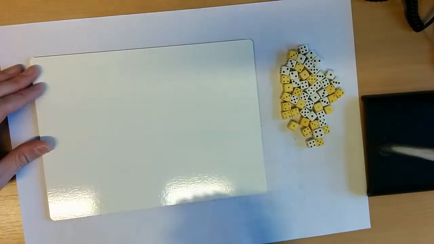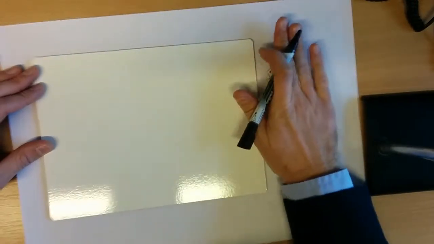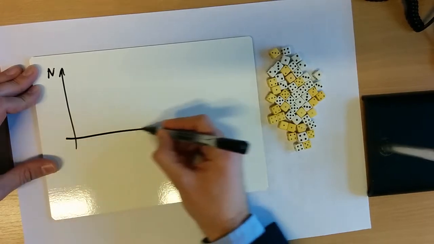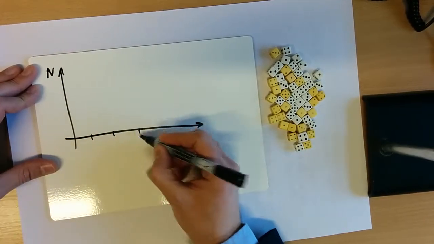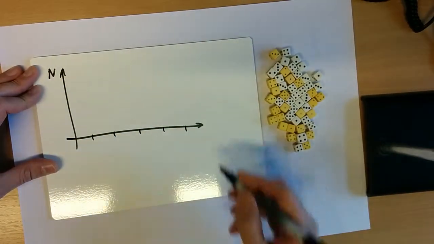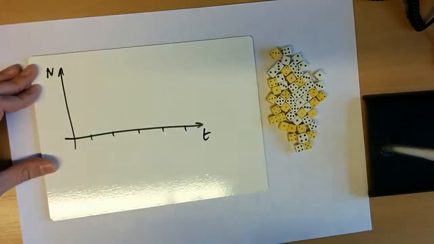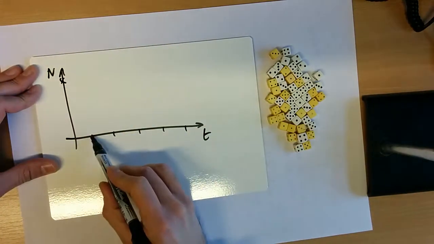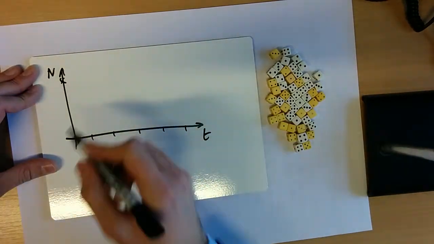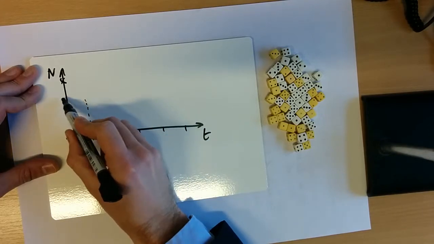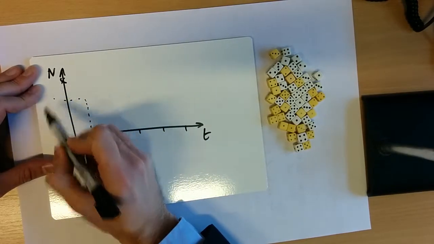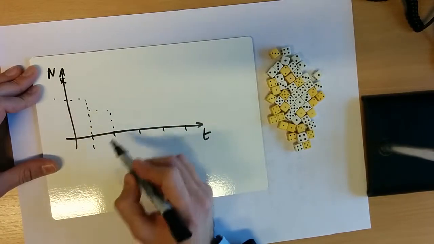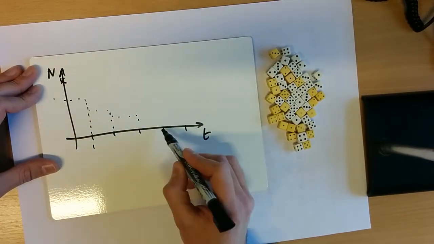So if I count how many are left and plot a graph of each time I throw the dice, which is a little bit like time, then if we're starting here, we know that after one throw it will come down a 6th. And in the next throw there'll be another 6th, and the next, and the next.